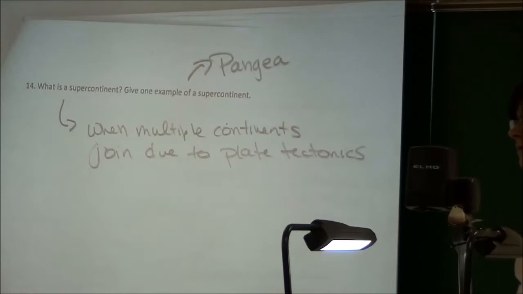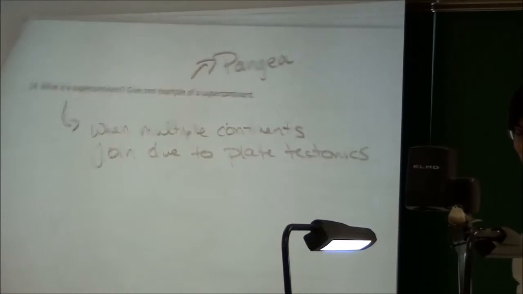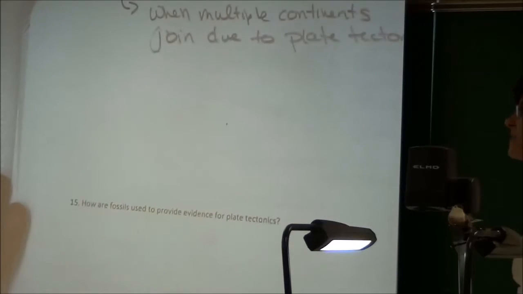Rodinia is much older, significantly older than 600 million years. It was a supercontinent that formed during the Proterozoic, and there were probably supercontinents that predated that, but our records back that far are pretty bad. So, how are fossils used to provide evidence for plate tectonics?